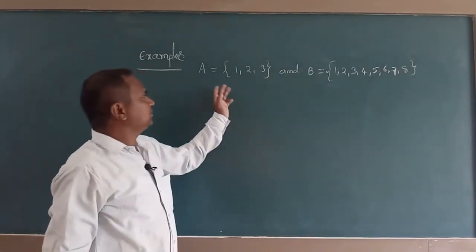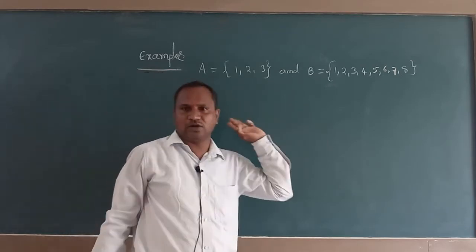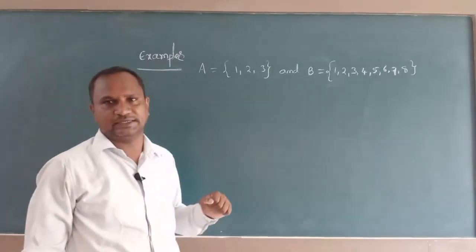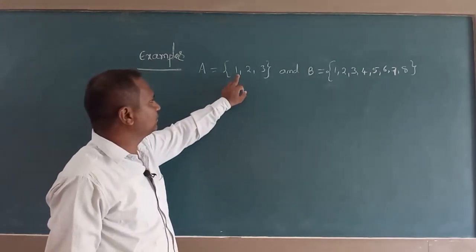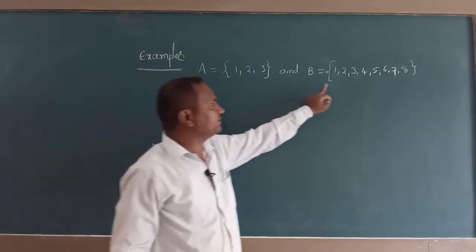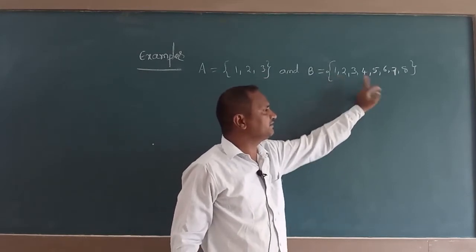If you observe, we have to check whether set A is a subset of B or not. Set A has the elements 1, 2, 3. Set B has the elements 1 to 8 here.